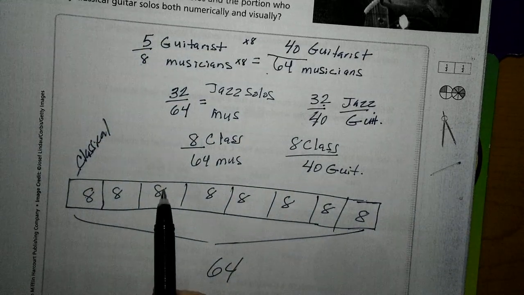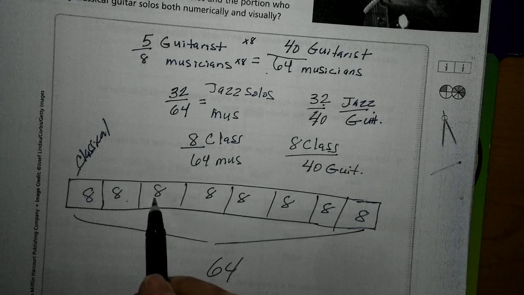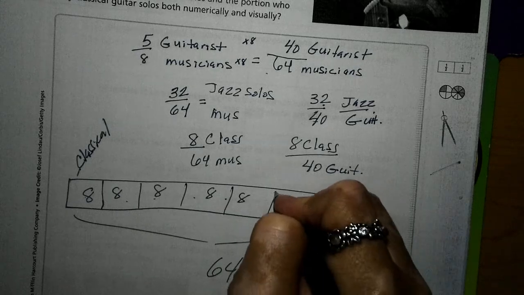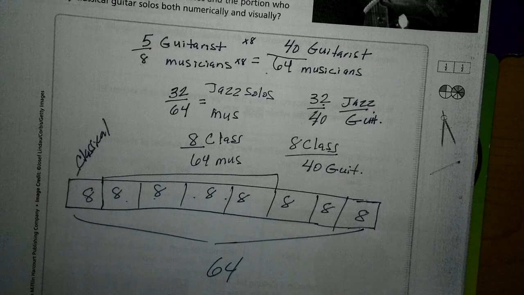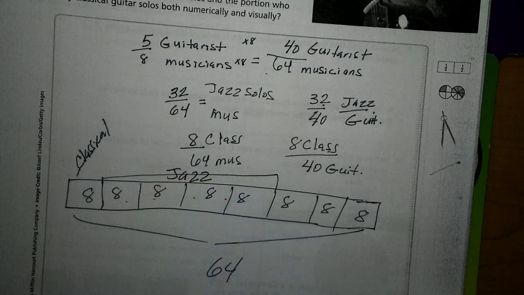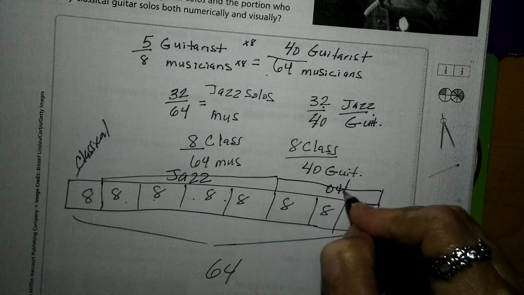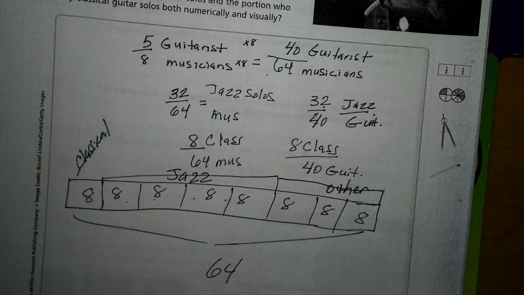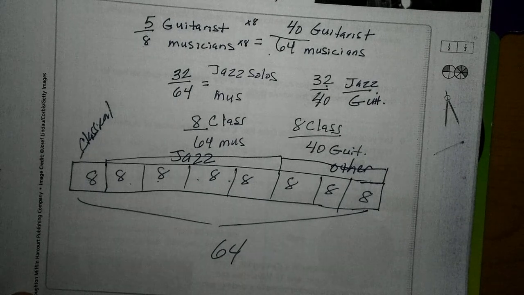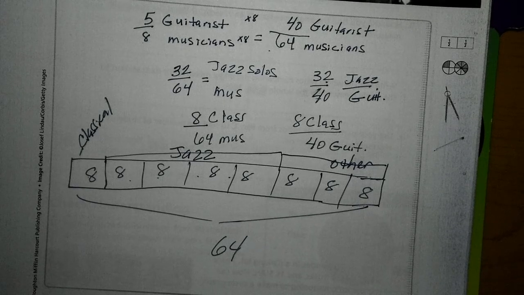We know that these groups right here, this 4, are jazz. And these three, we really don't know what they play, so we're going to consider them to be other. So that's how you would do it visually.